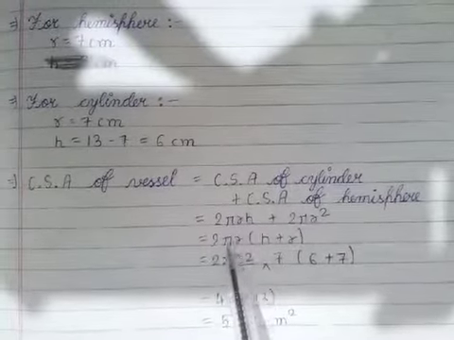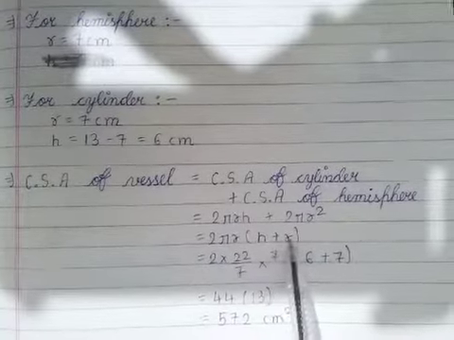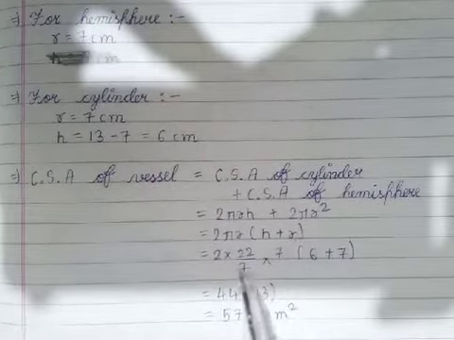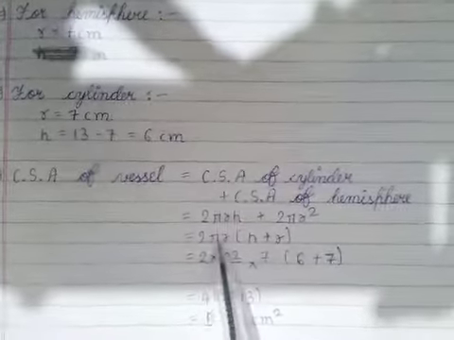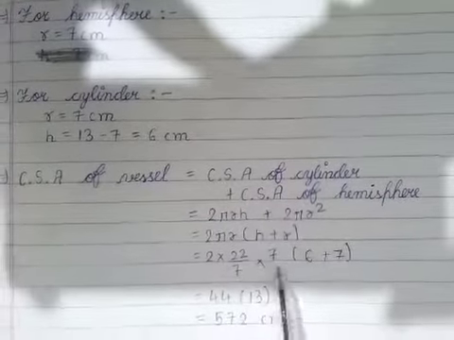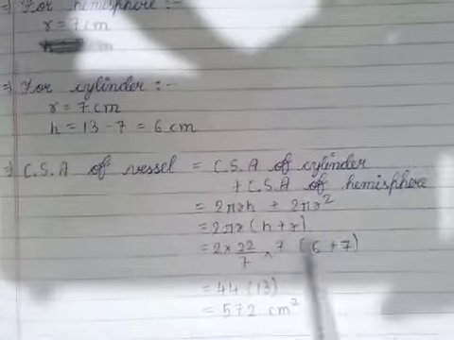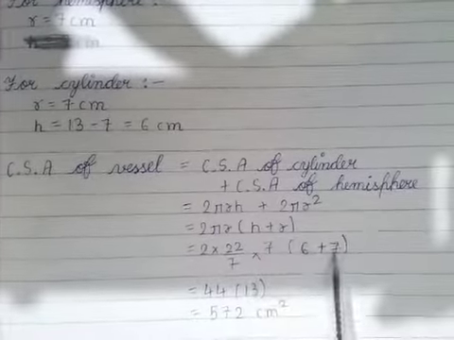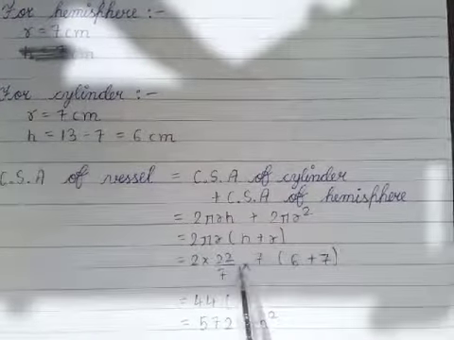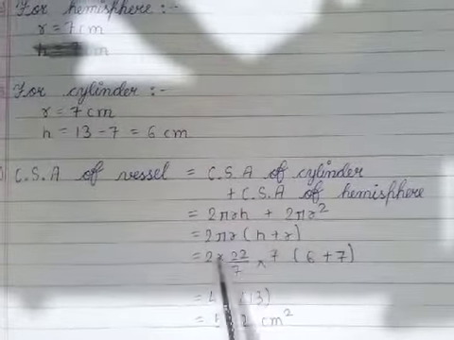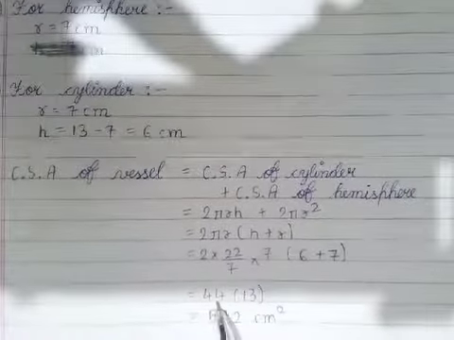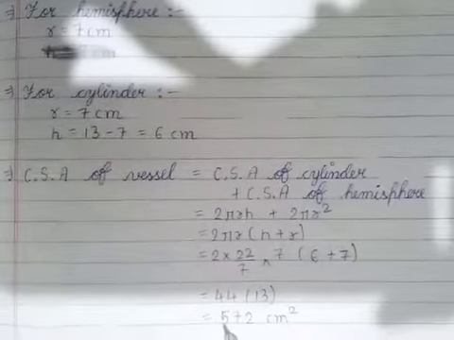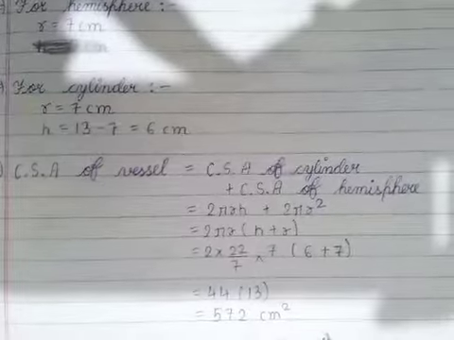If you take 2 pi r common, we'll get r plus h. If you substitute the value, 2 pi is 22 by 7, r is 7, h is 6 and r is 7. So 7 plus 6, 13, and if you simplify, 7 and 7 will cut, then 2 into 22 is 44, 44 into 13 is 572 centimeters square.